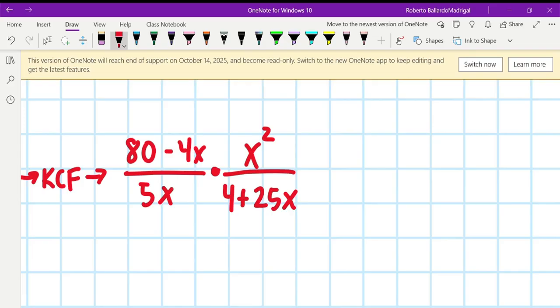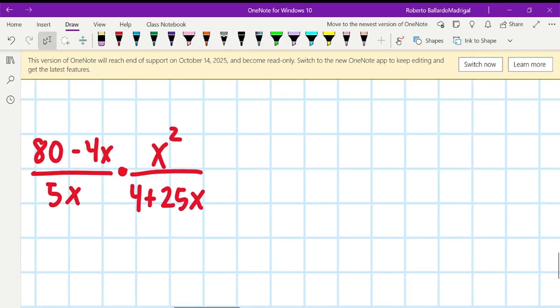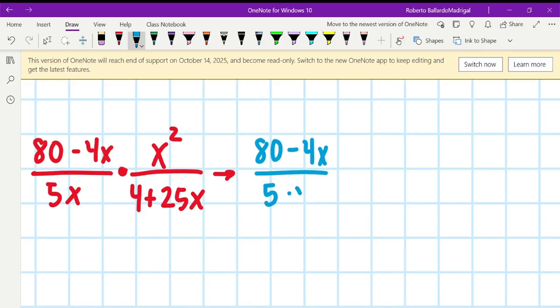But x squared and 5x, I could factor this. I'm going to rewrite this the long way so everyone can see what's happening. I'm going to keep 80 minus 4x how it is, but rewrite 5x as the product of 5 times x, and split x squared as the product of x times x.